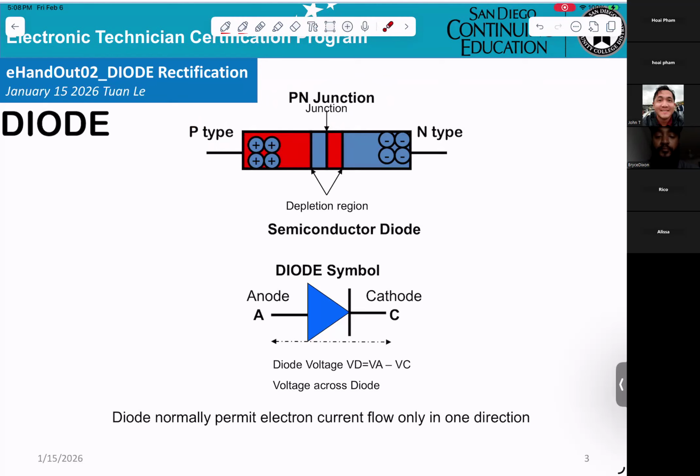And on the N type, they get an electron that's a negative. So they can be using either silicon diode or germanium diode.